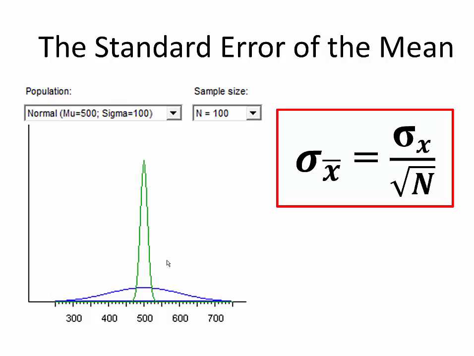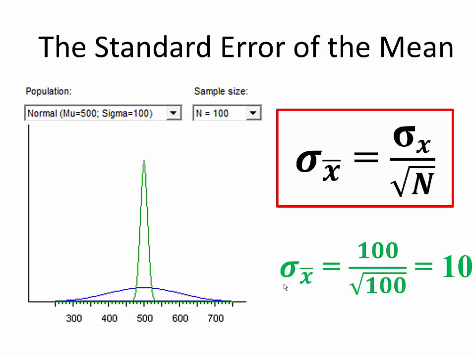In our example, the standard deviation is 100. The square root of 100 is 10. 100 divided by 10 is 10. The standard deviation or standard error of the sampling distribution is 10, while the standard deviation in the original population was 100.